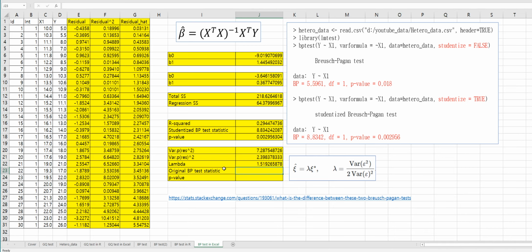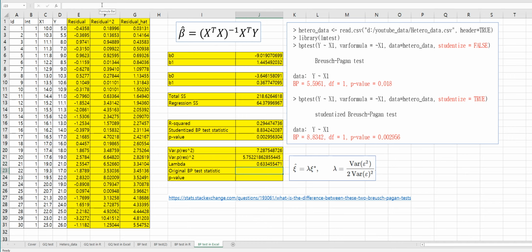Then original BP test statistic can be calculated by, sorry, there's something wrong. Let me see. There should be square here. Okay.